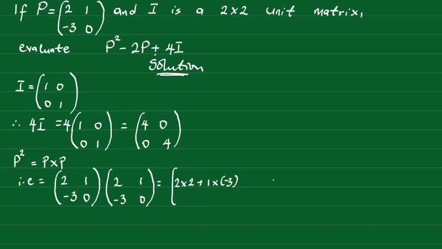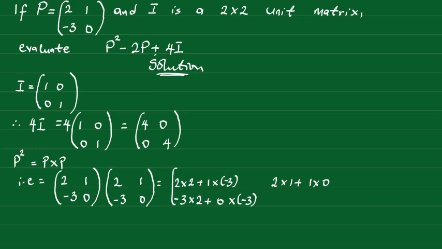Next, we have 2 times 1 plus 1 times 0. Next, move down and we have -3 times 2 plus 0 times -3.